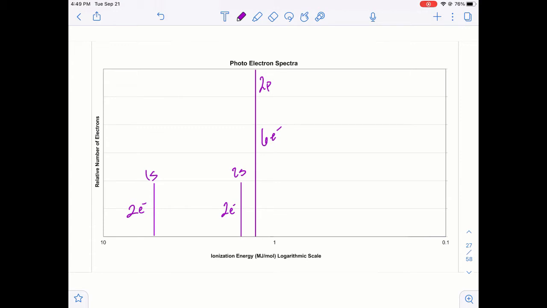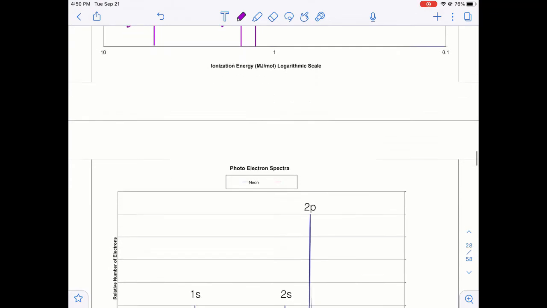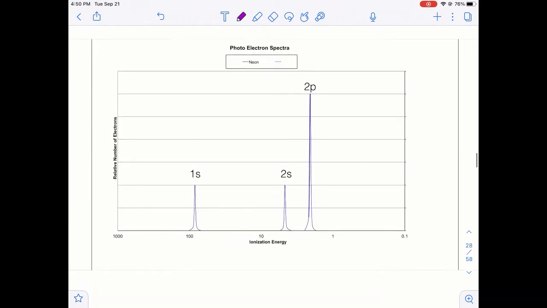That's going to represent the 2p sublevel. And this diagram is going to represent the actual energies associated with this.